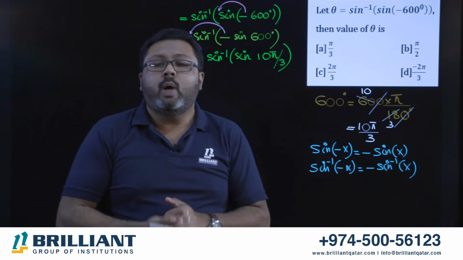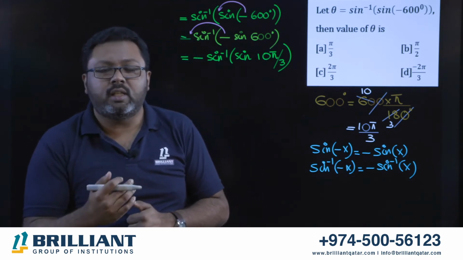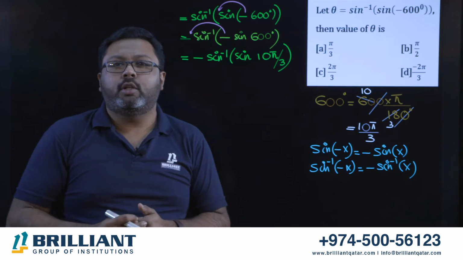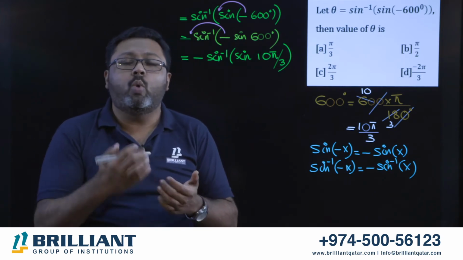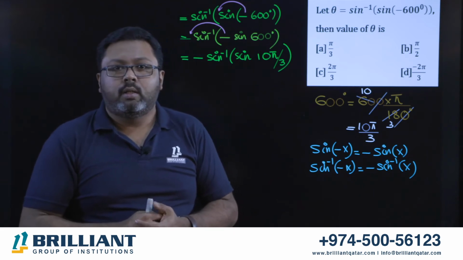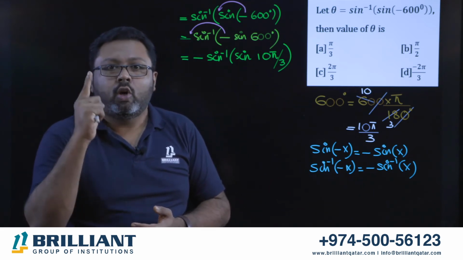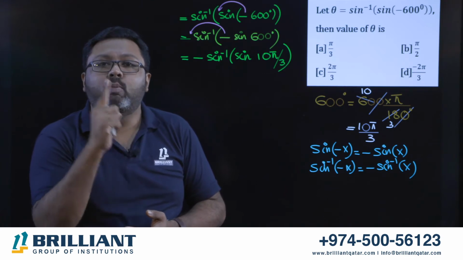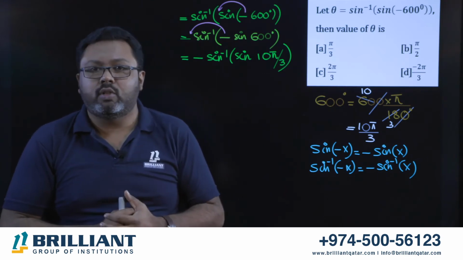This is where you have to bring into consideration a very, very important concept. I want everybody to open your Part 1 textbook, page number 40. Domain and principal value branch of all inverse functions.